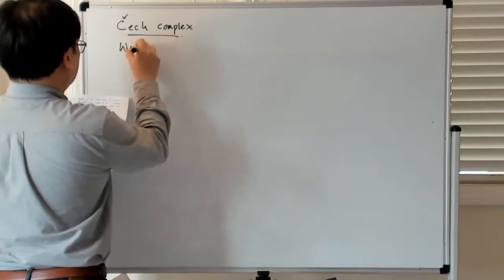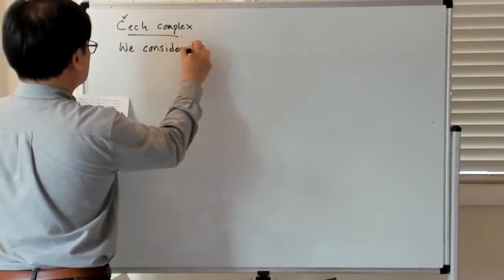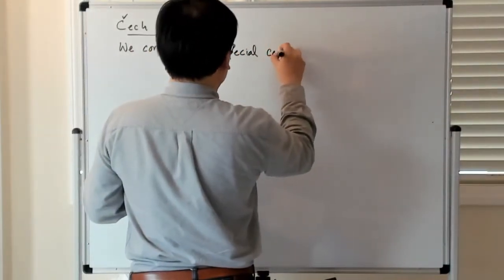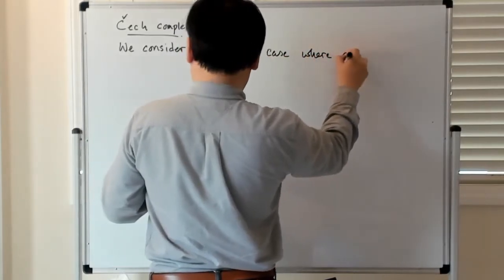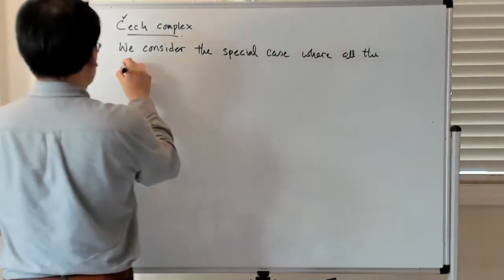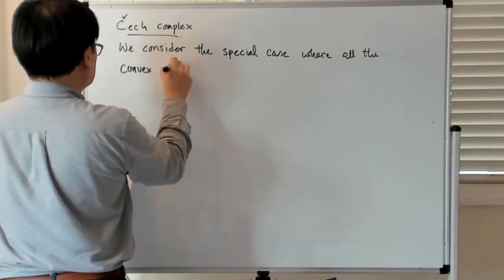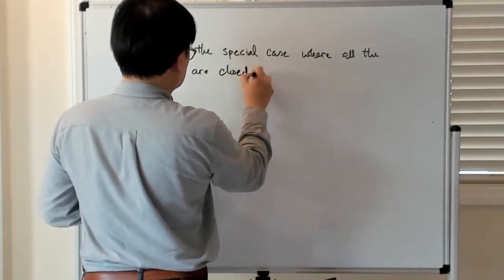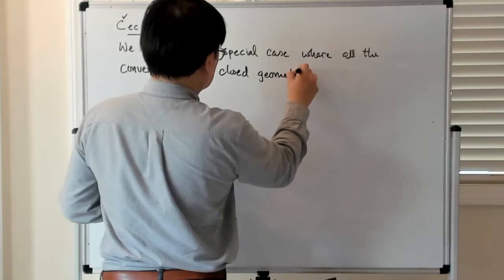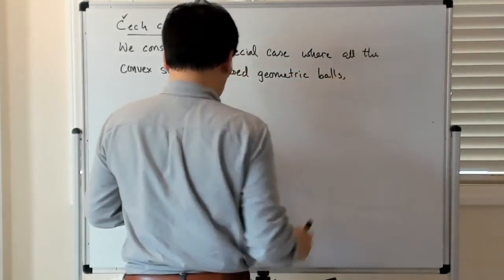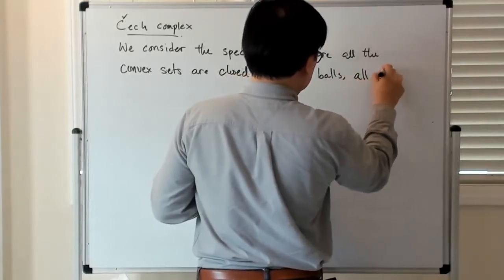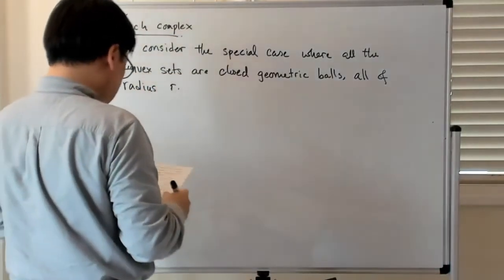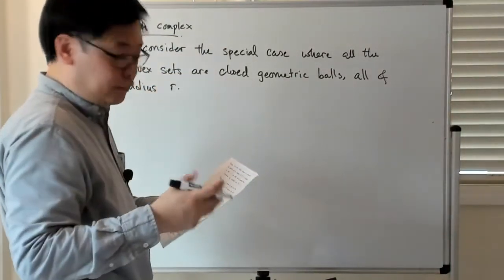So we consider the special case where all the convex sets are closed geometric balls, all of radius r, right? Okay, so let's say you have S, which is a collection of points in Rd.